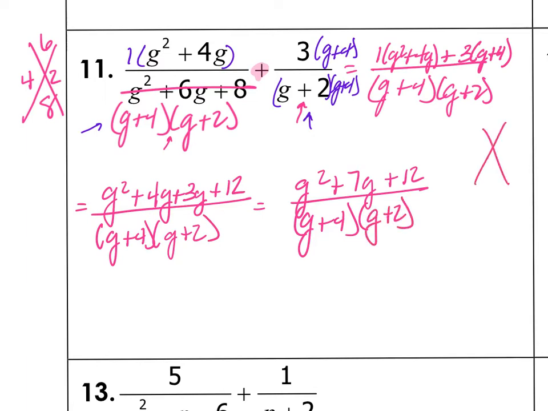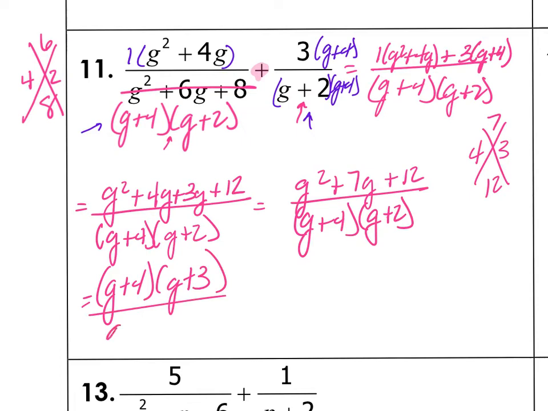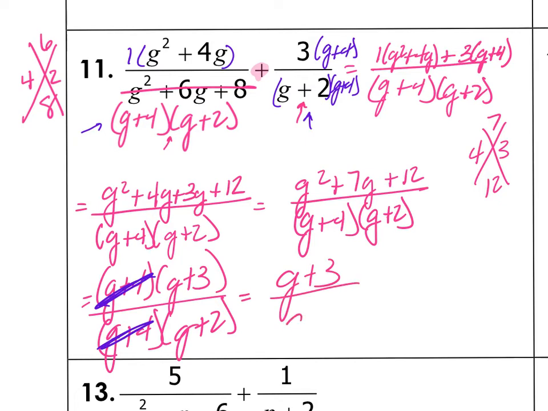So give me two numbers that multiply to be 12, add to be 7: 4 and 3. You already had it because we had it right there. So g plus 4 times g plus 3 all over g plus 4 times g plus 2. Make a 1. And I get g plus 3 all over g plus 2. There you go. Nice job, you guys.